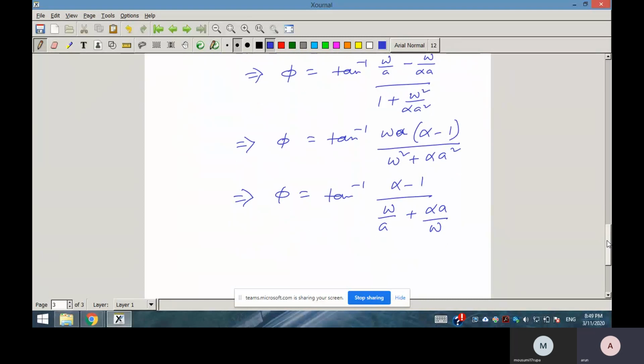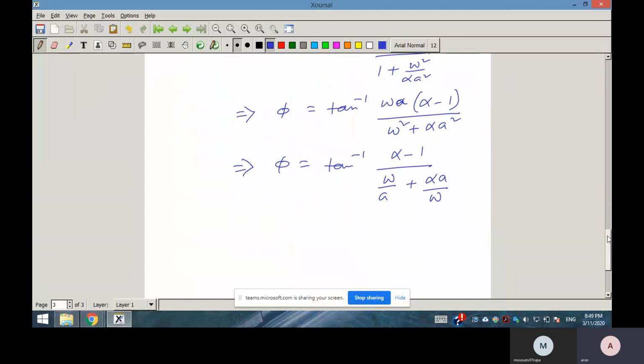So what is the maximum phase it can provide? For maximum phase, phi equal to phi m, omega by a plus alpha a by omega should be minimized.